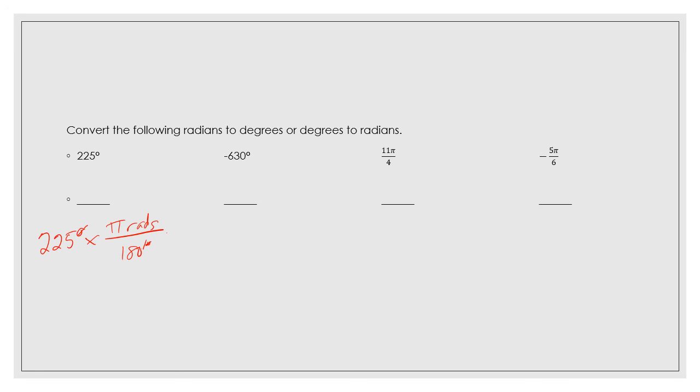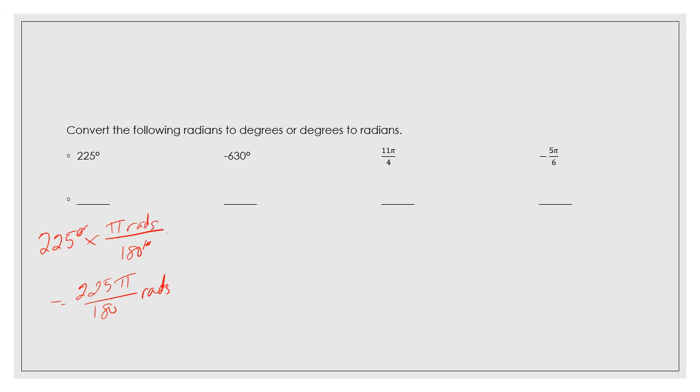So then that gets me 225 pi over 180 radians. And then we always need to simplify our fractions to the smallest possible that we can.